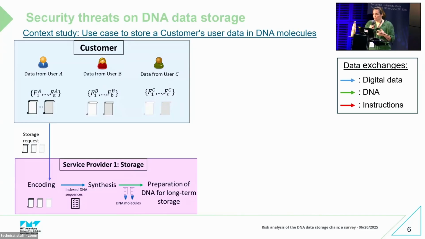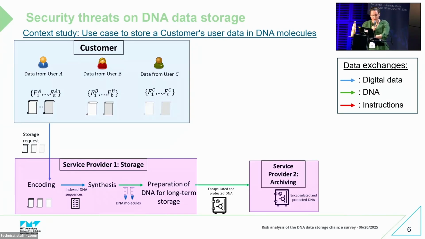To do so, they employ several specialists, special experts in synthetic biology, to encode the data into DNA, and also to prepare the DNA for long-term storage. Then the DNA will be sent to a second service provider that will archive the data, and reading instructions will be sent back to the client.